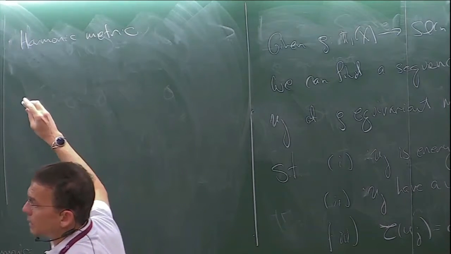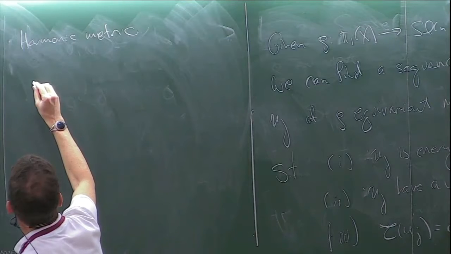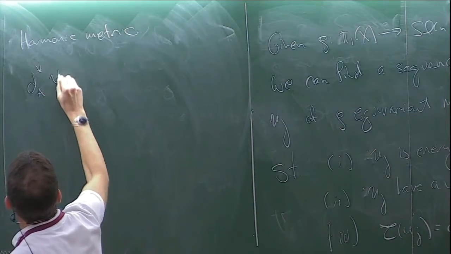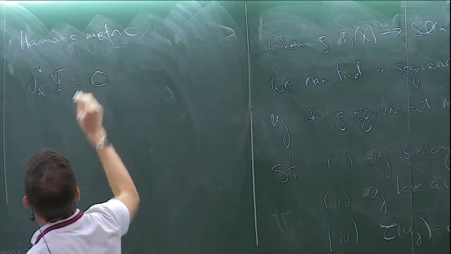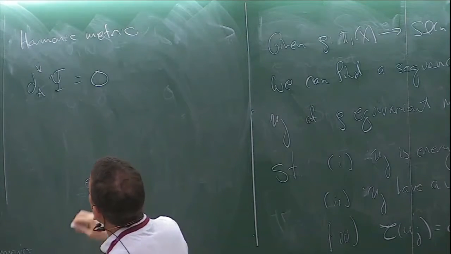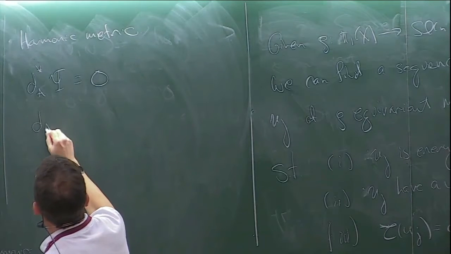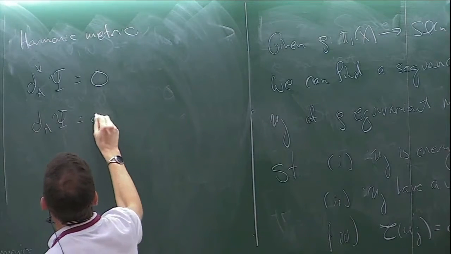And why is that? Well, the harmonic metric condition says that dA star of psi is 0. And we already know from flatness that dA of psi is 0.